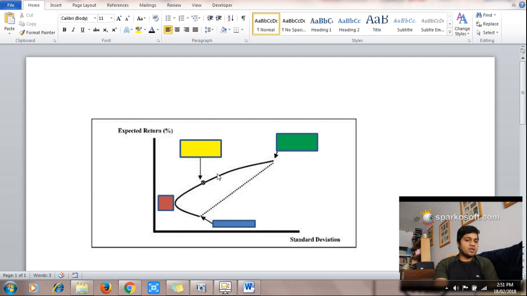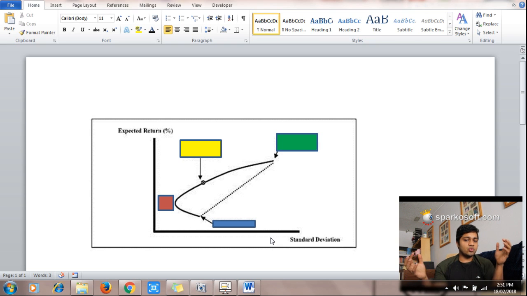Now what do we see? That 100% treasury, 100% risk-free asset, is not the least risky portfolio. So we can reduce the risk of a portfolio by adding a certain part of equity because they have negative correlations.